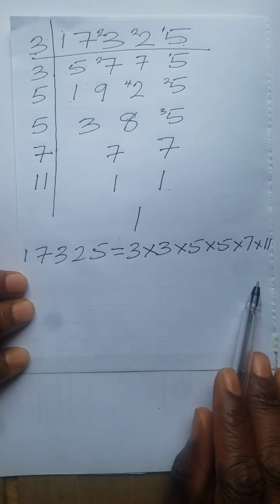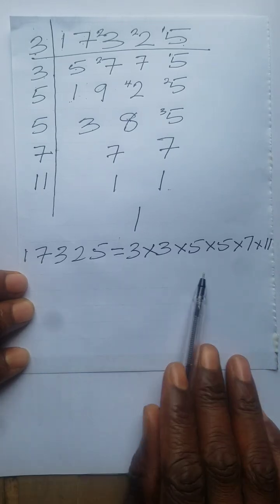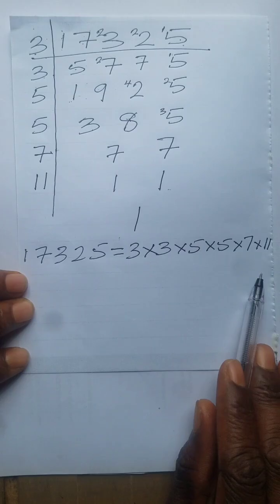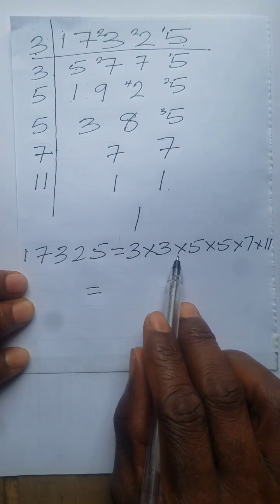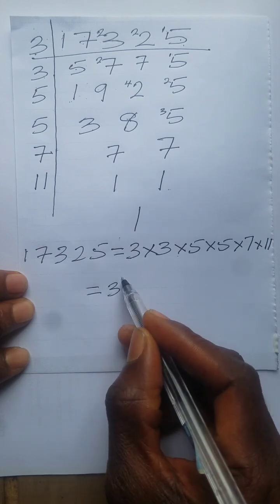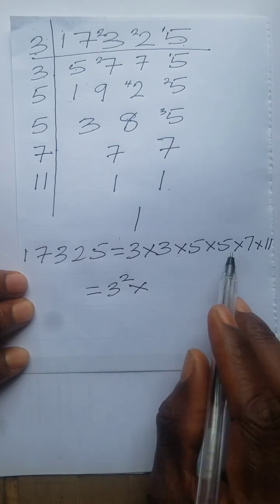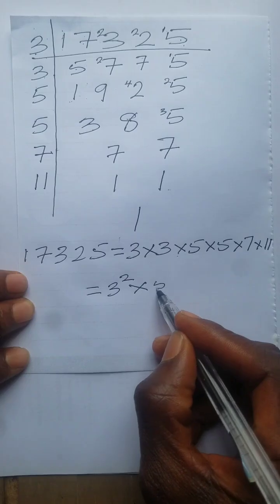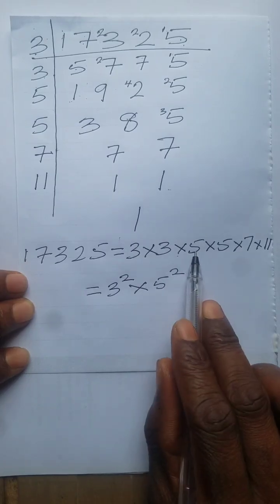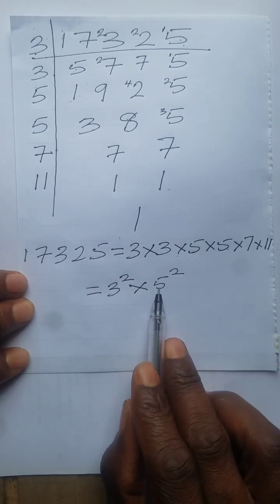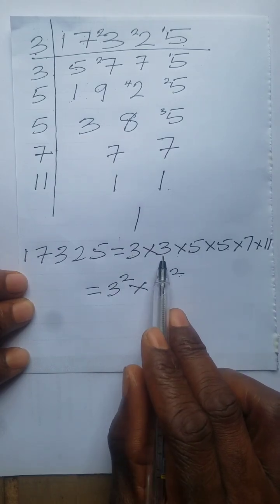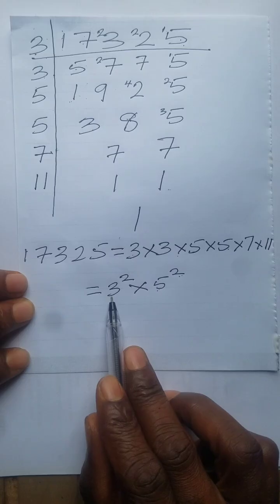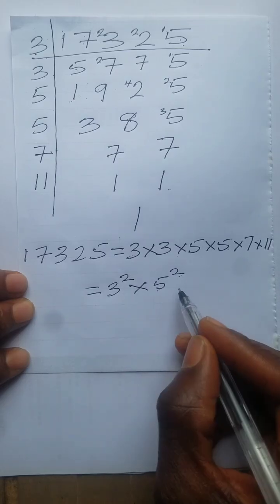But a question could actually ask you to leave your answer in index form. What does that mean? That means 3 raised to power 2, 5 raised to power 2. Why 2? 5 times 5 can be expressed in index form as 5 raised to power 2. 3 times 3 in index form can be expressed as 3 raised to power 2.